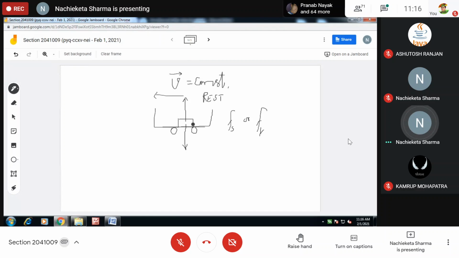The box has not displaced from its position in the middle of the truck. Wherever the box was, the box continues to lie there.